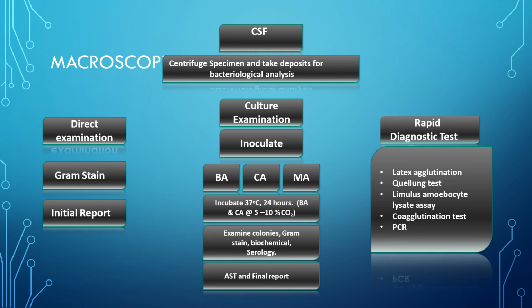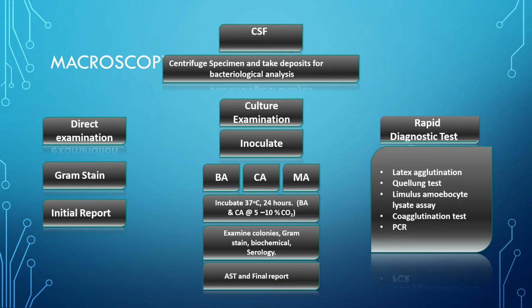The analysis starts with gram staining, and then the CSF has to be cultured in selective and differential media like blood agar, chocolate agar, and Thayer-Martin agar. After inoculation, it has to be incubated at 37 degrees Celsius for 24 hours, whereas blood agar and chocolate agar have to be incubated with 5 to 10% carbon dioxide.